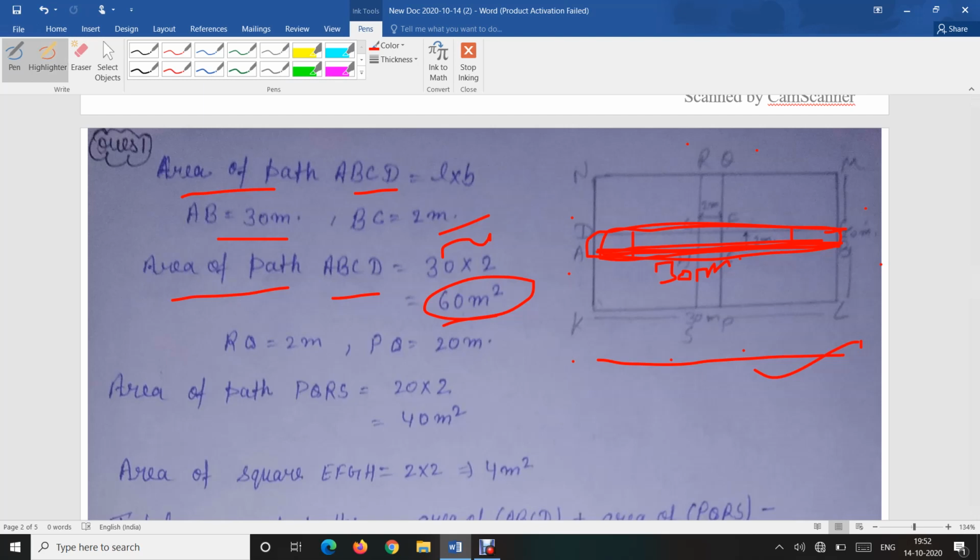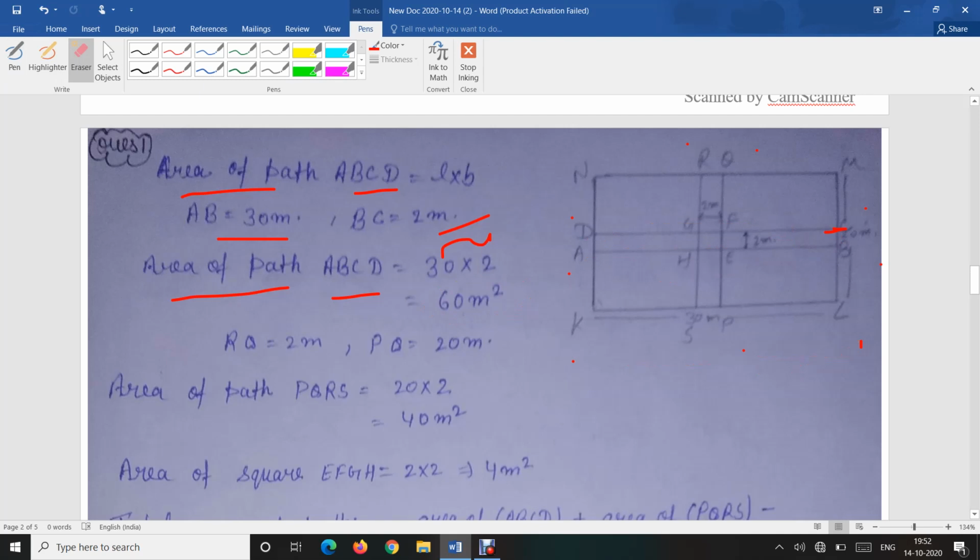Now we will talk about the next road, which is the second road, which is parallel to the breadth. That means PQRS. This is also forming a rectangular figure. So this is parallel to the breadth.